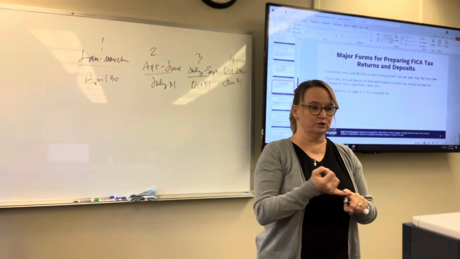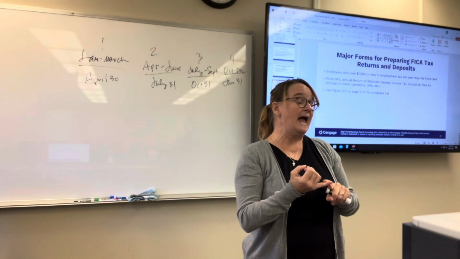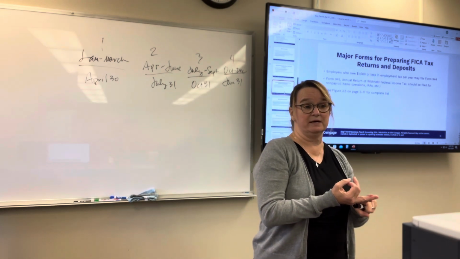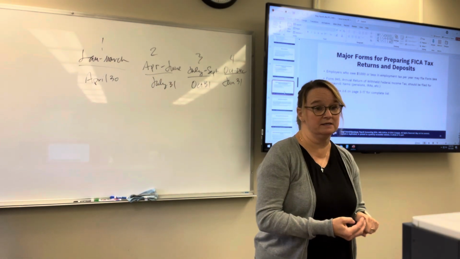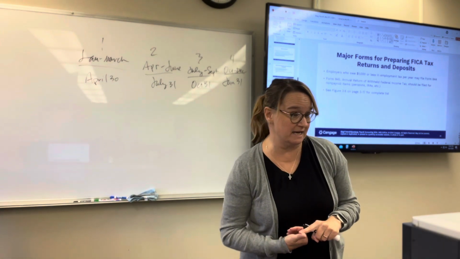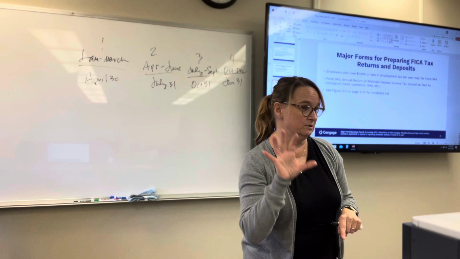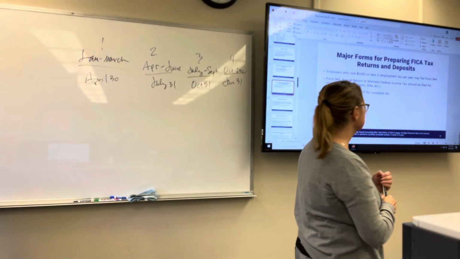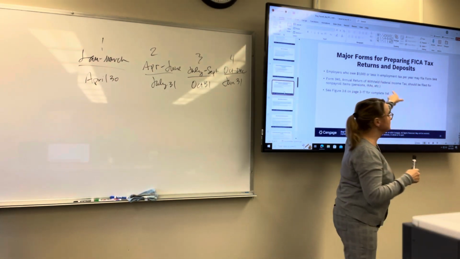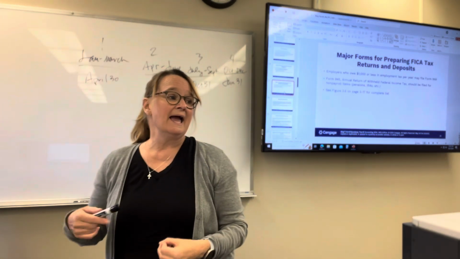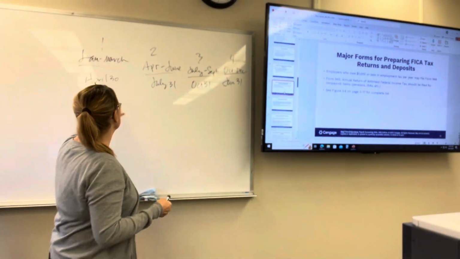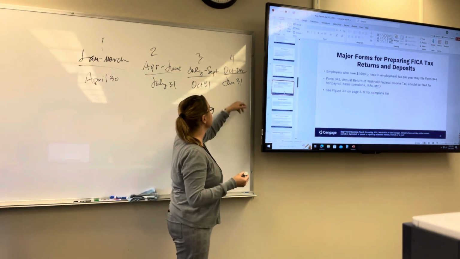So Social Security taxes that were withheld, and Social Security taxes paid by the employer. Medicare taxes withheld, Medicare taxes paid by the employer, and income taxes withheld. Those are the five taxes. Combined, $1,000 or less, they can file a special form called a 944, and it's due once a year, and it's due on January 31st.